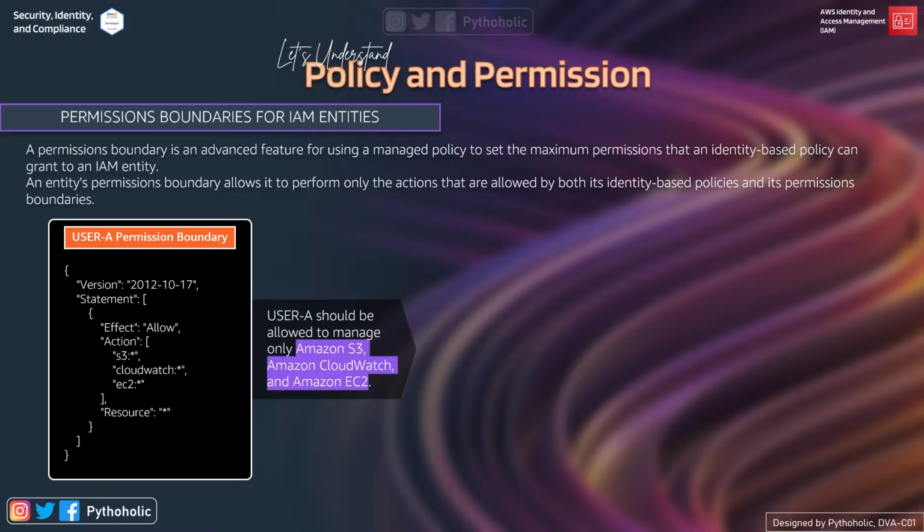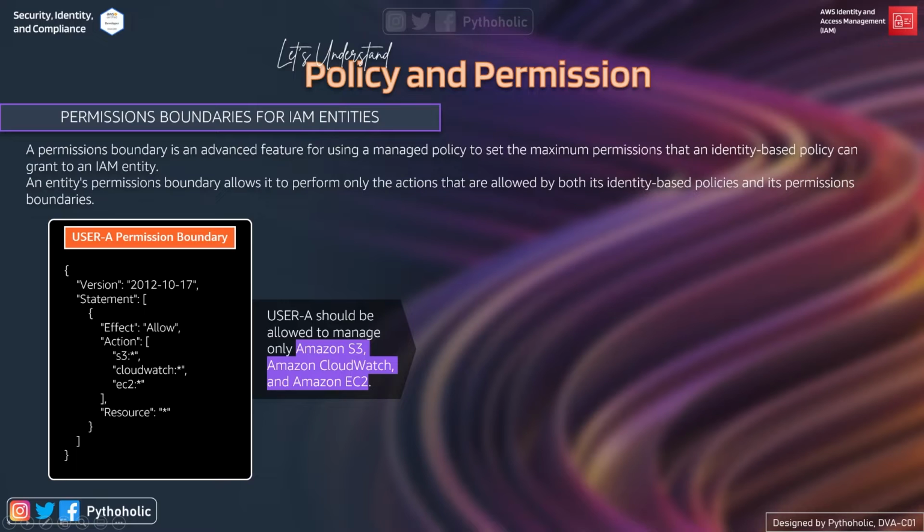Thus, if your identity-based policy allows you to work with EC2 and Lambda, and if your permission boundary restricts permission to only EC2, then even though you have permissions to use Lambda, your boundary will not allow that, and you will not be able to use Lambda.